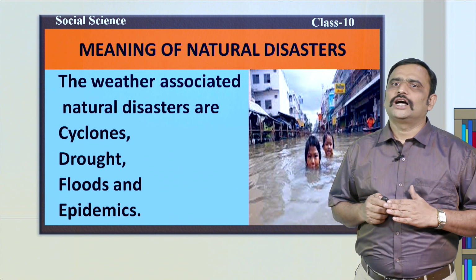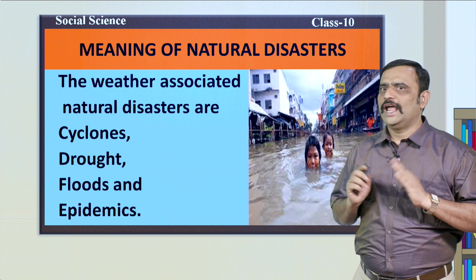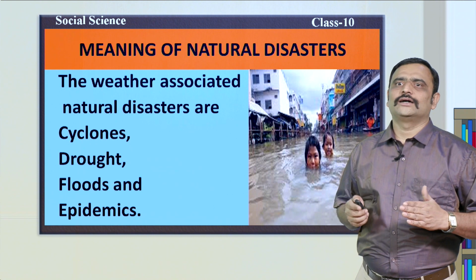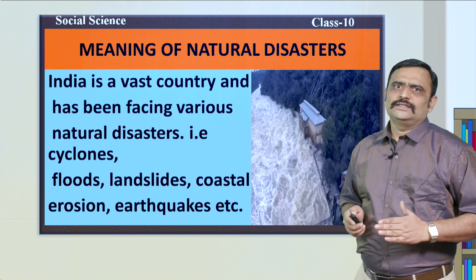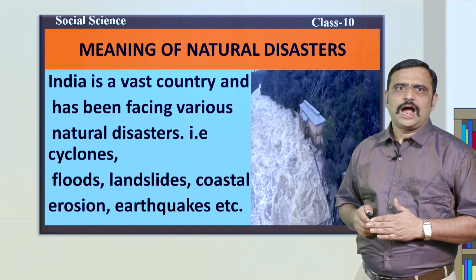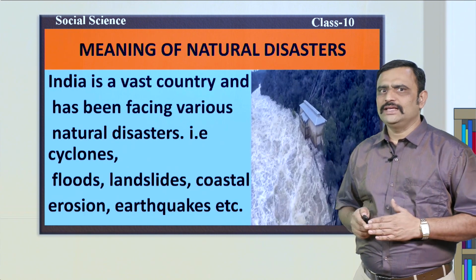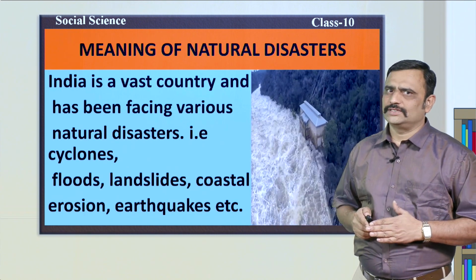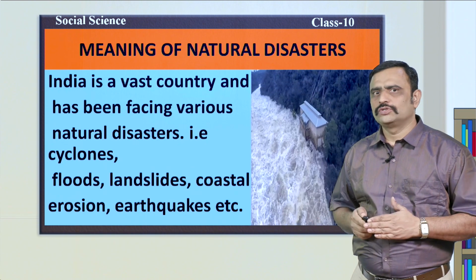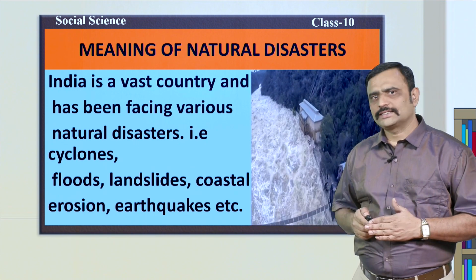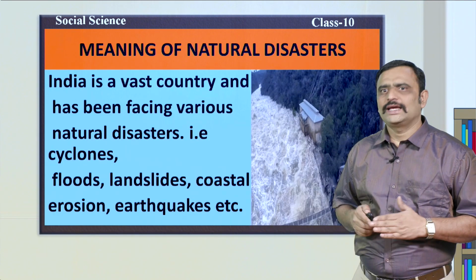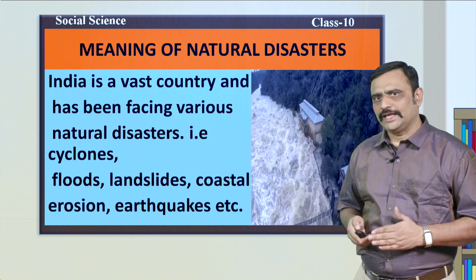They are associated with the natural disasters that occur naturally. India is a vast country and it has been facing various natural disasters such as cyclones, floods, landslides, coastal erosion, earthquakes, etc. from the beginning.